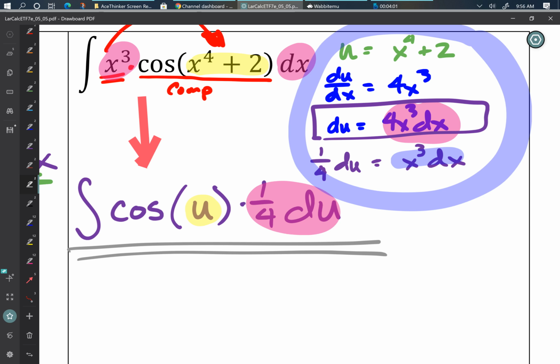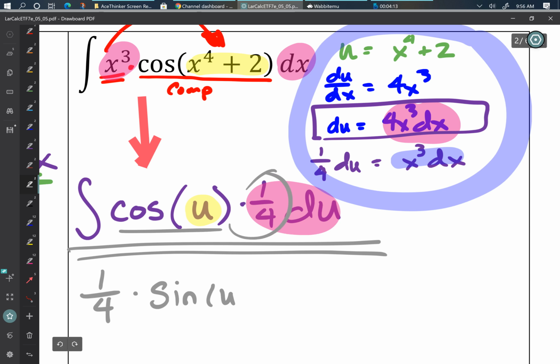I know the antiderivative of cosine, so I can do that. The 1/4 is just a coefficient, so it'll just stay there. That's that 1/4 right here. The antiderivative of cosine of u is going to be sine of u, and of course plus c because we're doing an indefinite integral.